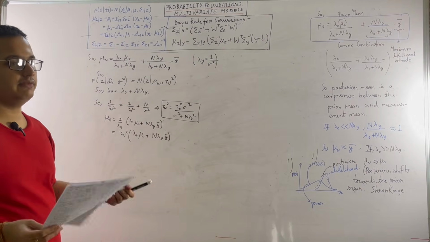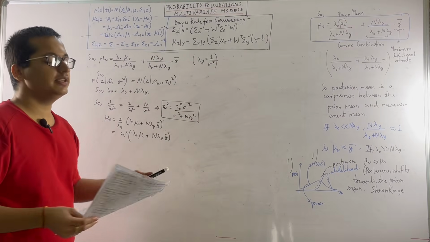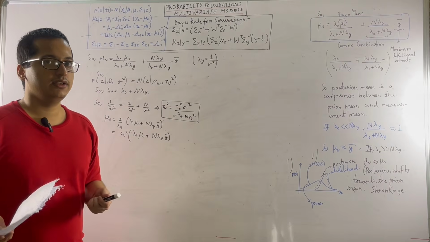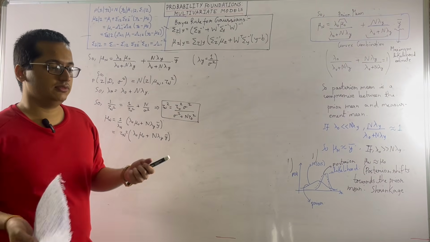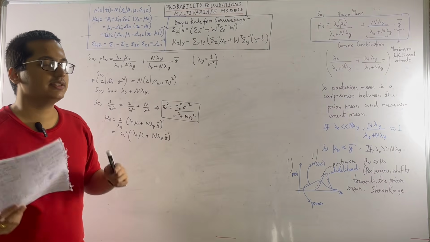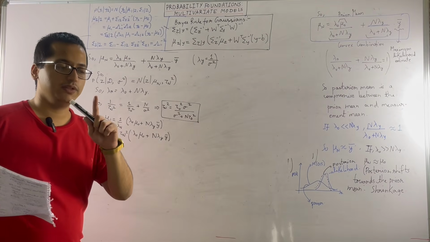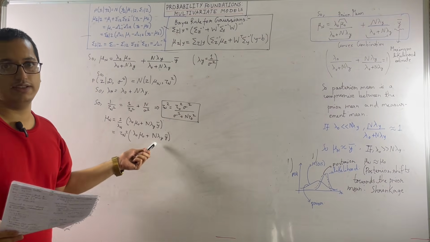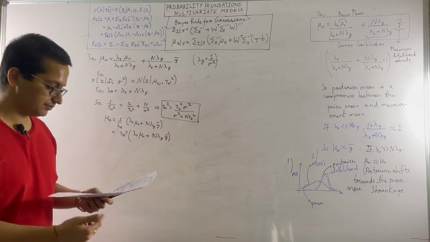And that is obvious, right? If I'm taking n measurements, then the precision should be high. So a better statistic is the mean. Think of n measurements as one measurement whose value is the mean, and of course the precision will be high, so that is n times lambda y.